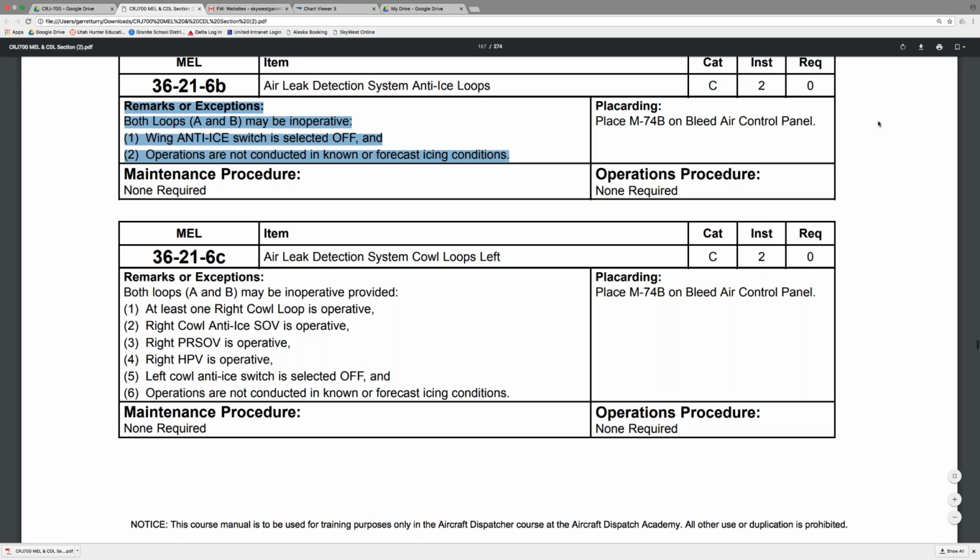We want you to also understand the AC packs. So what are the restrictions associated with an AC pack being out, right?